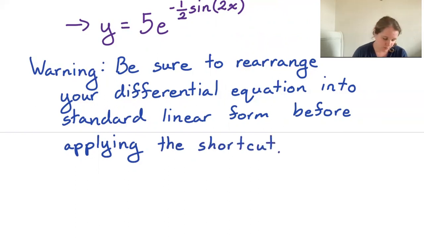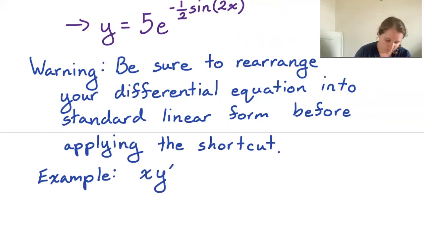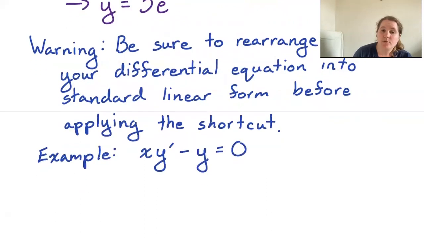So for example, if we had x times y prime minus y equaling 0, you would want to divide through by x.